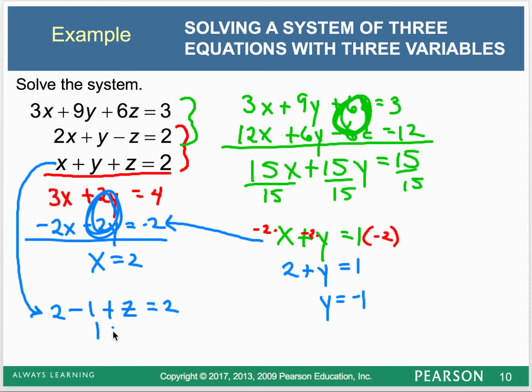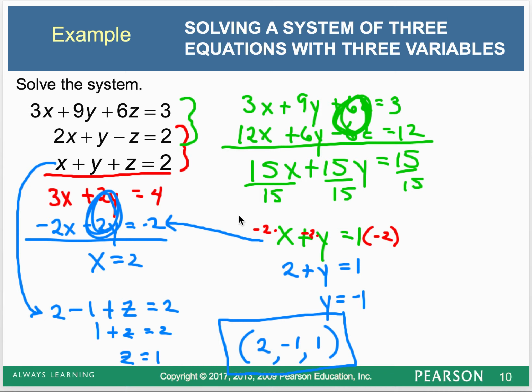So 1 plus z equals 2, or z equals 1. Now, x, y, z, there's your solution, and that should satisfy any one of those three equations. x is 2, y is -1, z is 1.